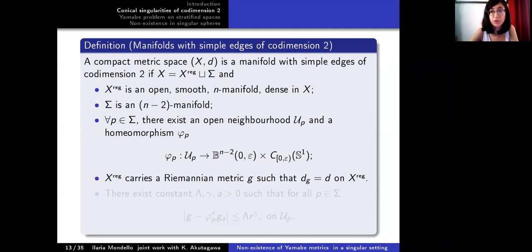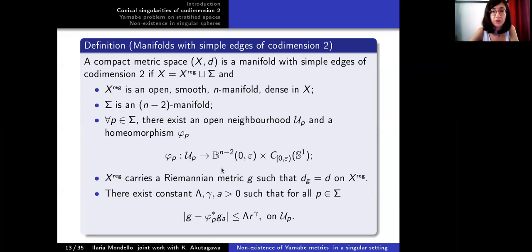So we ask it to be close to the model metric g_a that we had on R^(n-2) cross the cone. More precisely, we consider the metric g_a on R^(n-2) cross the two-dimensional cone.